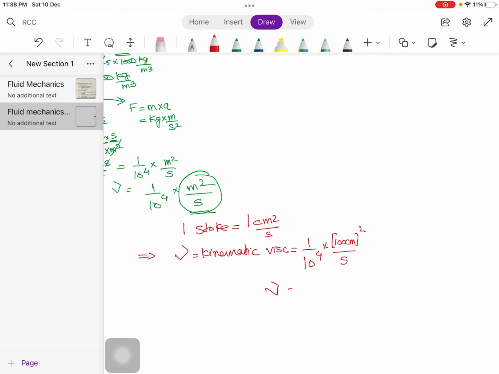So kinematic viscosity is going to be 10 to the power 4 from the equation, 100 squared, and then a centimeter squared upon a second. So kinematic viscosity is 1 centimeter square per second, or 1 Stoke.